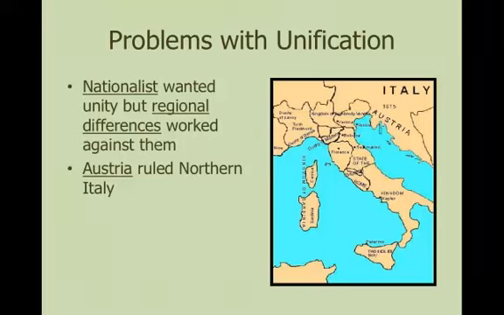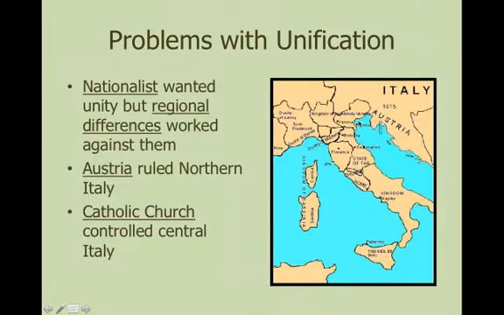Austria ruled northern Italy, so there's another problem, foreign powers in charge there. And then the Catholic Church actually controlled most of central Italy. Those were called the Papal States, and they didn't necessarily want to give up that land to a secular authority, right?